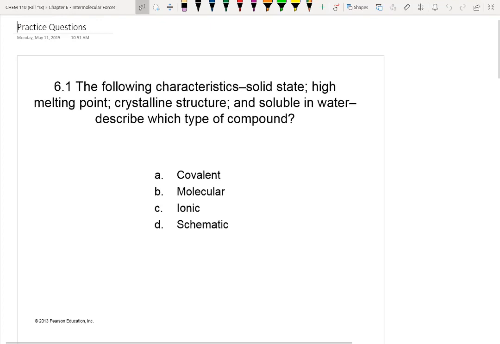All right, so the following characteristics, solid state, high melting point, crystalline structure, and soluble in water describe which type of compound. So check with your neighbor and see if you agree.